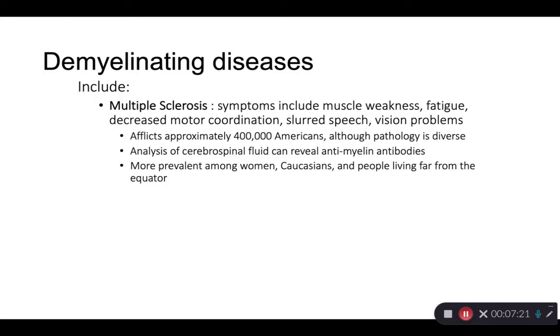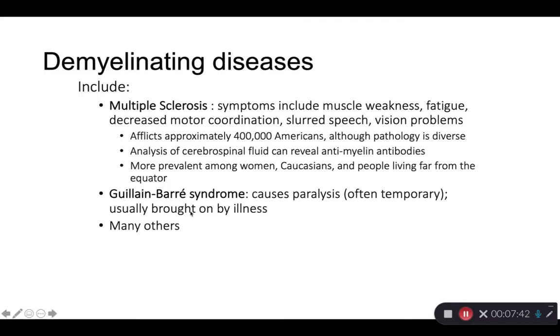And obviously, the closer you live to the equator, the more exposure you have to sunlight. And so it's thought that having low vitamin D levels matters, as vitamin D seems to be important for regulating the immune system, including for multiple sclerosis, and perhaps has a protective effect against multiple sclerosis if you live in an area where you get a lot of sun.